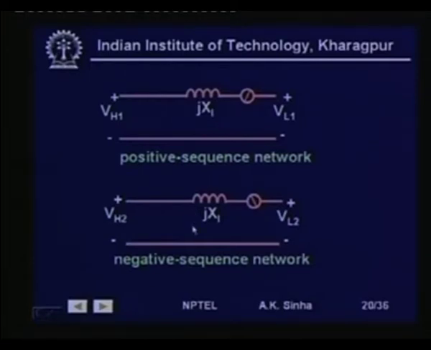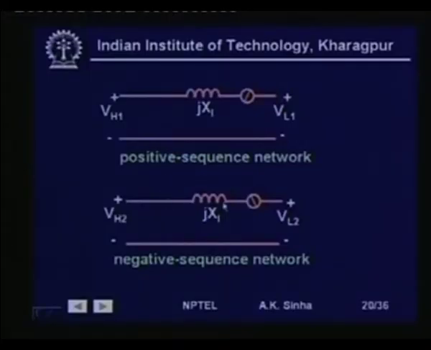In case of negative sequence, again we will have the leakage reactance of the transformer, because this is a passive network, the reactance is going to be same. So, again here we have the leakage reactance of the transformer, but in this case the high voltage side will be lagging the low voltage side by 30 degrees, because the phase sequence is reverse.